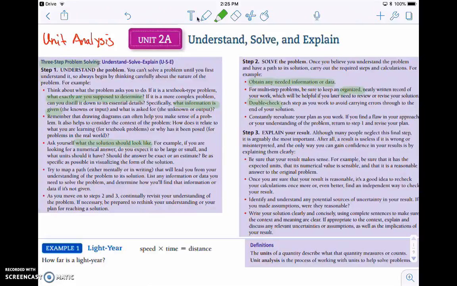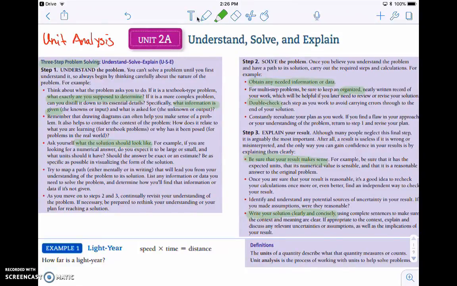And then in explain, be sure that your results make sense, as I mentioned before. Kind of going back to, does a car travel at 36,000 miles per hour? No. So make sure that your answer makes sense, and write out your solution clearly and concisely, so that people can understand what you're trying to say.